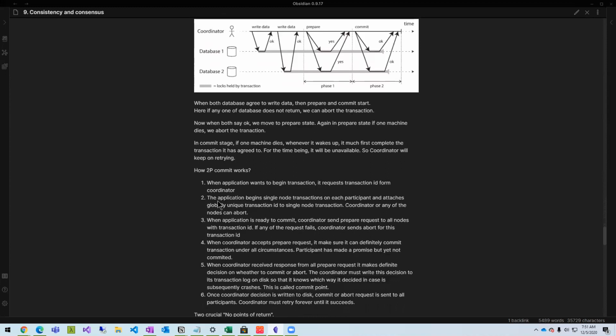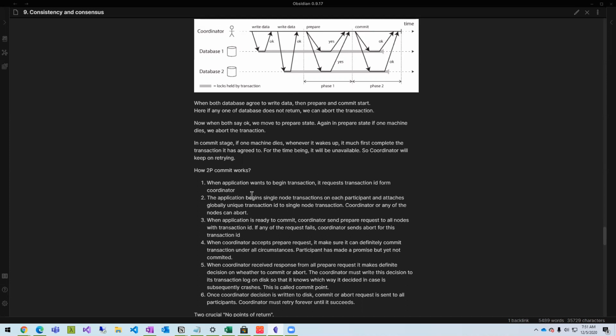So basically, let's go over the steps one by one, how they're mentioned here. When the application wants to begin a transaction, it requests the transaction ID from the coordinator. So first the application will request a transaction ID.